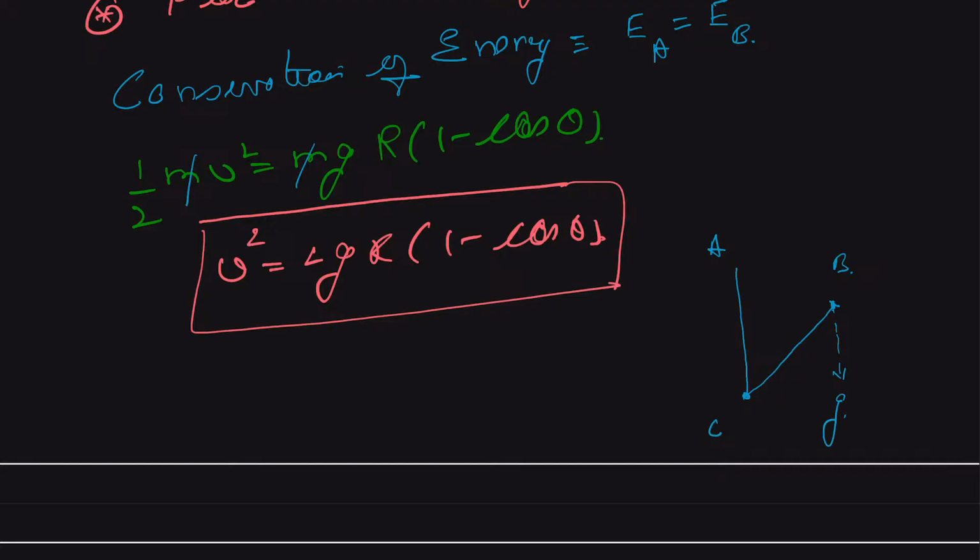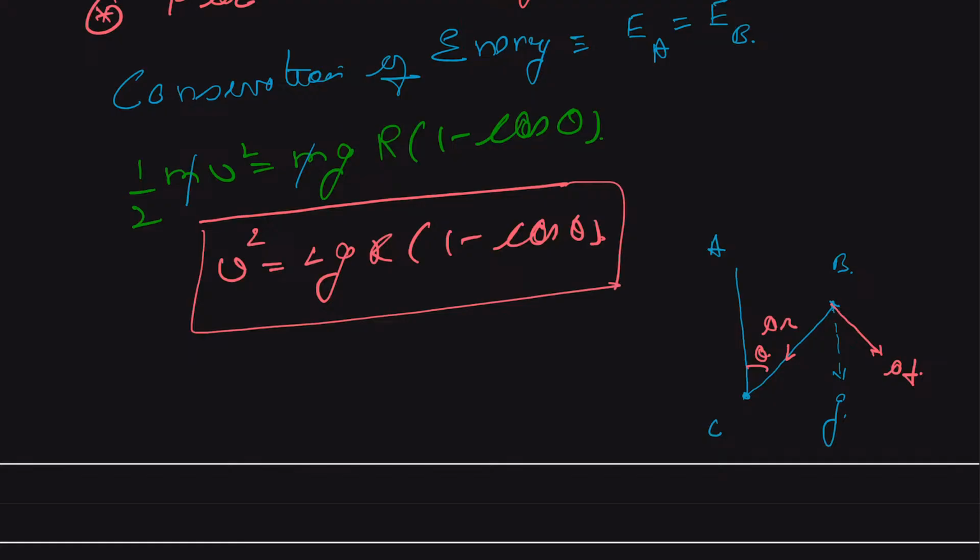And there will be two accelerations: one we can call the centripetal or radial acceleration, A of r, and the other the tangential acceleration, A of t. And this angle is theta with the vertical.